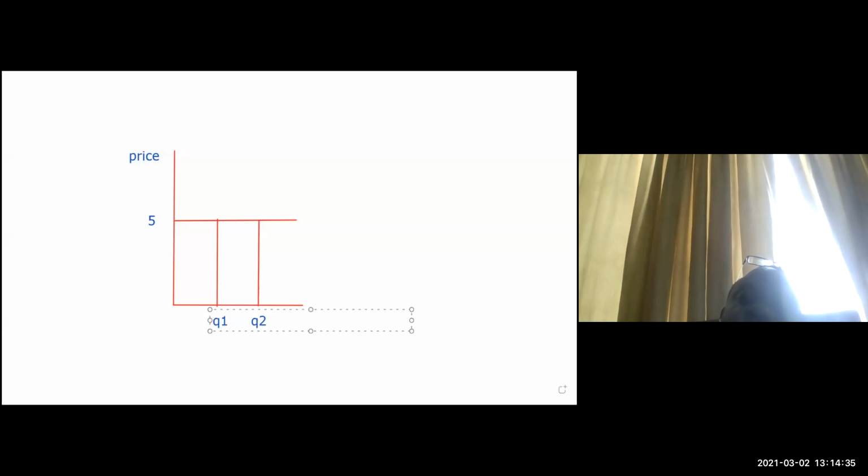So I can just say price equals marginal revenue. In fact, let me put it here. The horizontal line here is the price anyway. So that is P equals MR, marginal revenue. The additional revenue you get is just the price.